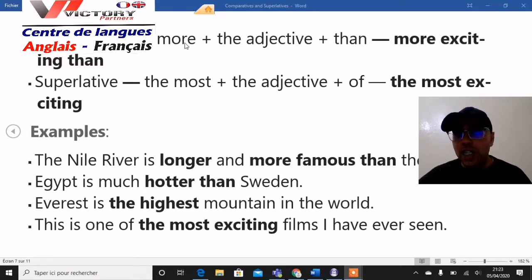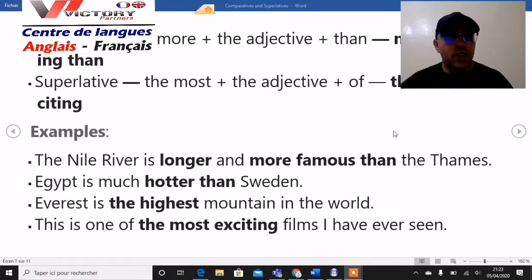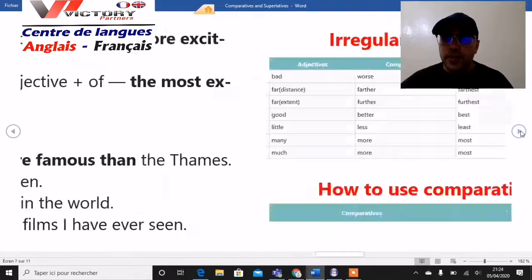In comparative, we add more plus adjective plus than. The example, we say more exciting than. Superlative, we form it using the most plus the adjective plus of. Example, the most exciting of. Here we have got some examples. Try to read these examples to see how we form comparatives and superlatives.